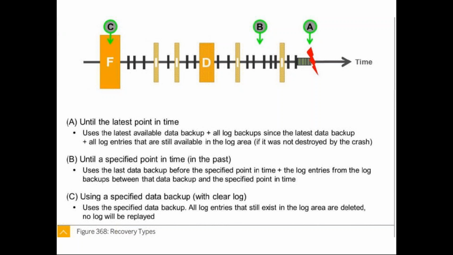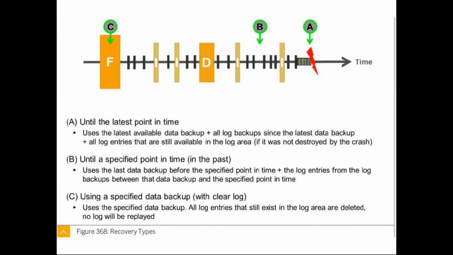But remember, the specified data backup means only a complete data backup, a full data backup. After that, whatever log entries you have in the log area will be deleted, because it doesn't make any sense having that data there, and no log replay happens. That's why when we choose this third option, the log will be cleared automatically. Log clearance will be done by the system itself.